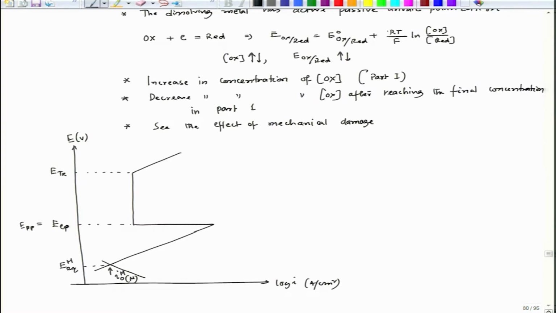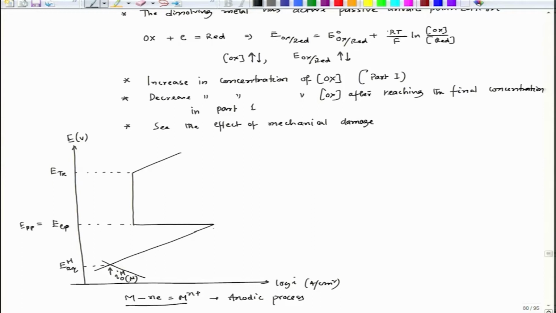Now, this is the anodic part where I can have metal minus Ne equal to metal N plus. So, this particular process is the anodic process, and this particular line indicates the anodic line.